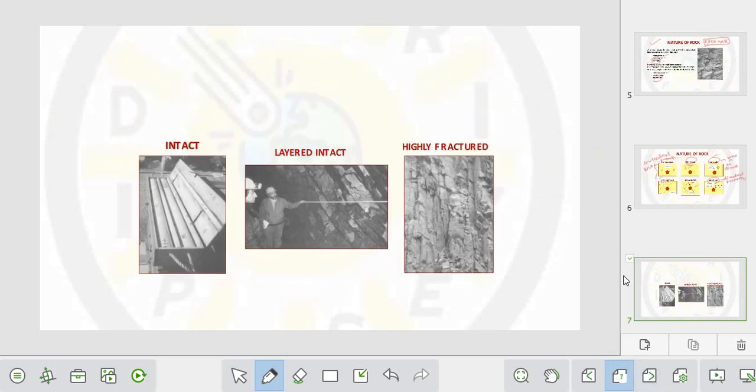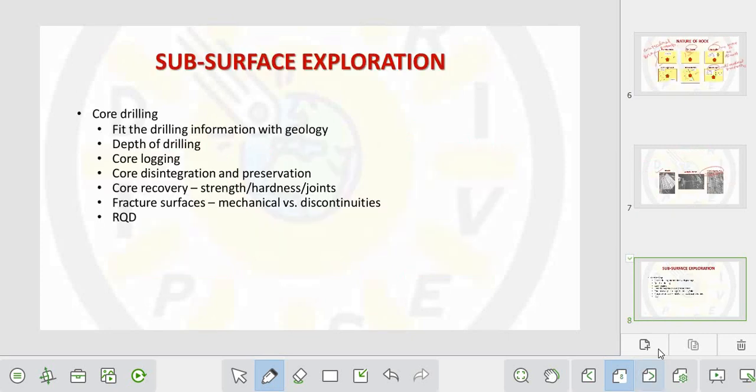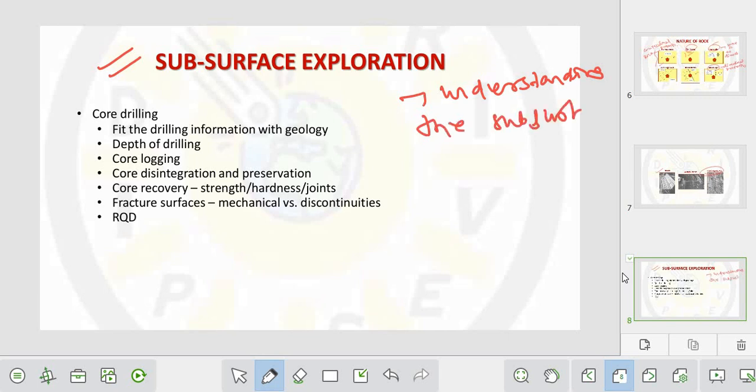Okay, and we already discussed what intact rock is, what highly fractured rock is, what layered intact rock is. So all these terminology we have already discussed. So let's come now to subsurface exploration. But why is subsurface exploration really important? For understanding the subsurface lithology, okay?